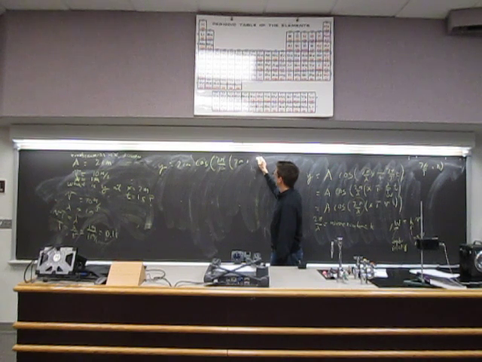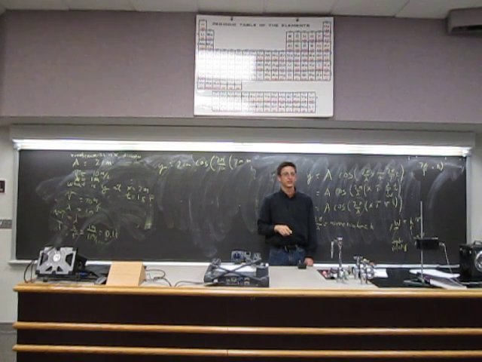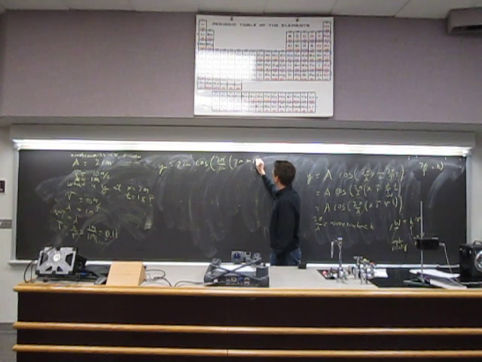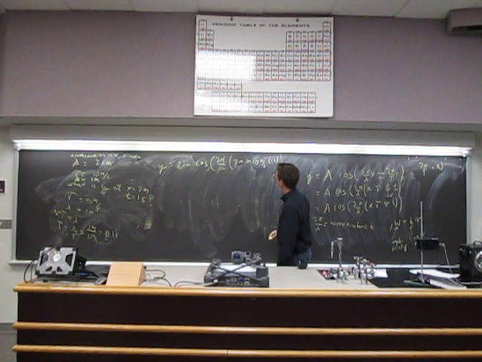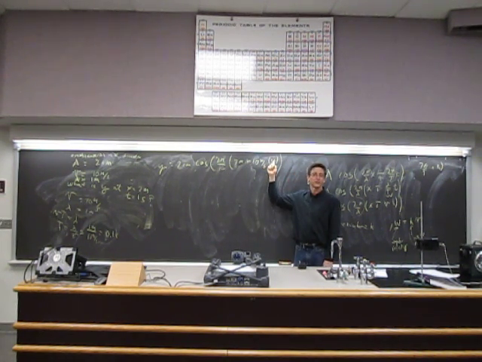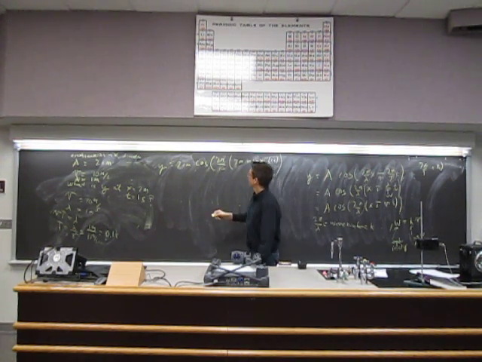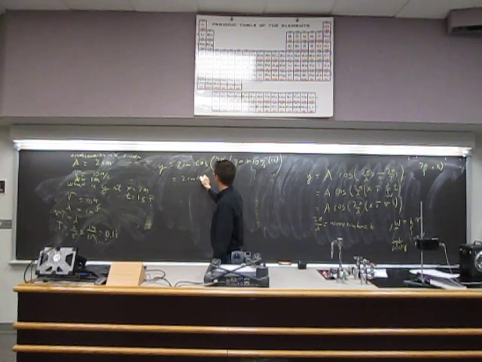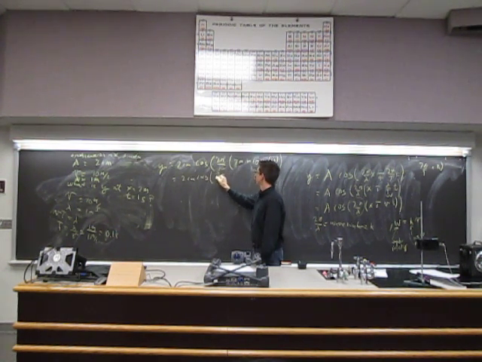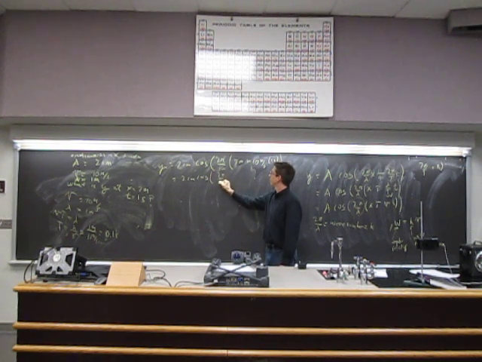Plus, or minus actually, since we have positive x direction travel, Vt, which would be 10 meters per second times 1 second. So 2 meters minus 10 meters per second times 1 second, what's that? Negative 8 meters. That's 2 centimeters cosine 2 pi over 1 meter times negative 8 meters.